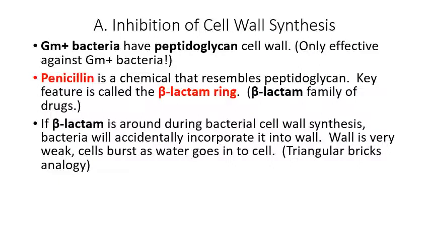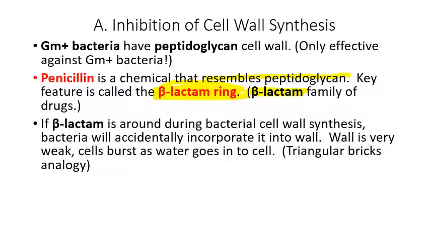Okay, so the gram-positive bacteria, they have a peptidoglycan cell wall. Right, so penicillin is a chemical that actually resembles peptidoglycan, right? And it has a central feature called a beta-lactam ring. That's very important that you know what that is, right? A beta-lactam ring. And so any of the antibiotics that inhibit the formation of the peptidoglycan cell wall are members of what's known as the beta-lactam family of drugs.